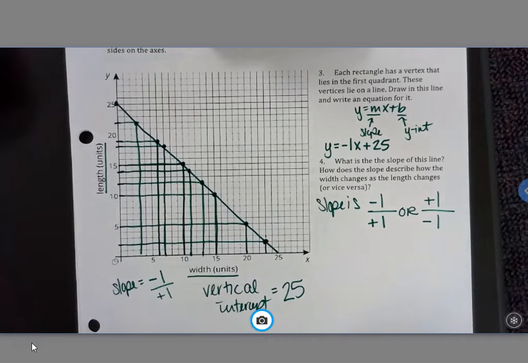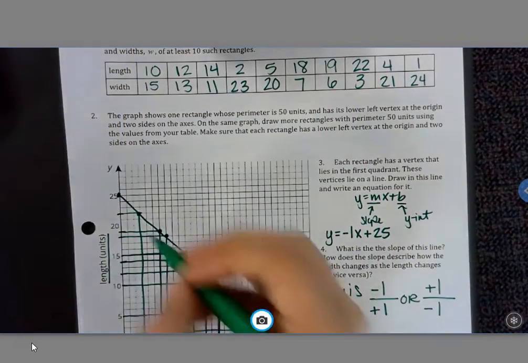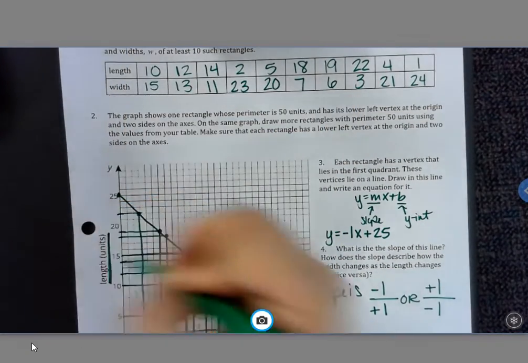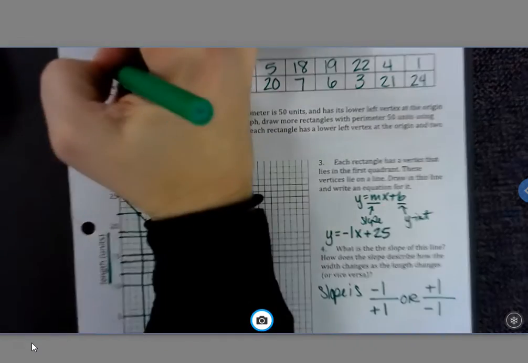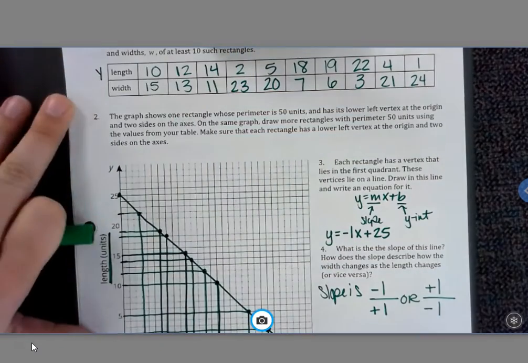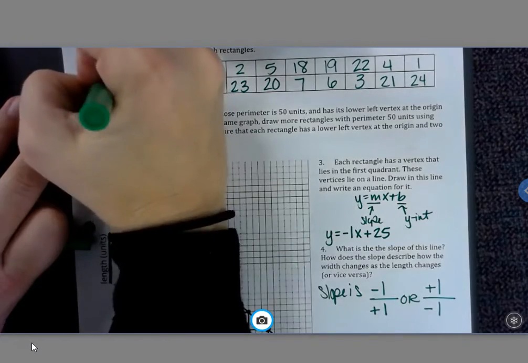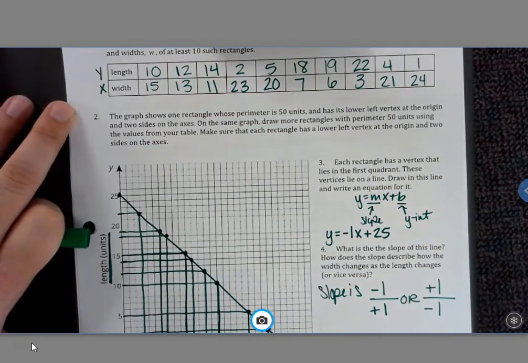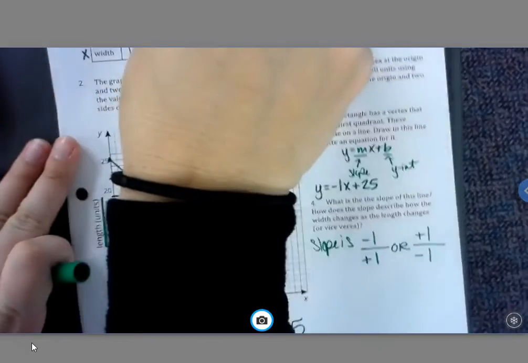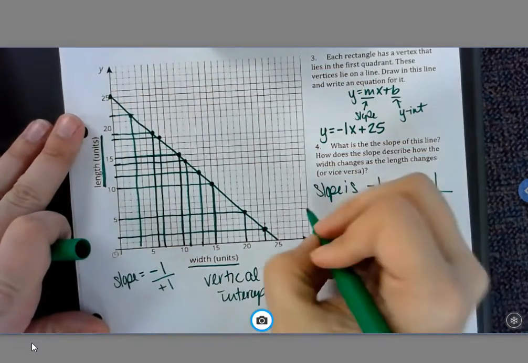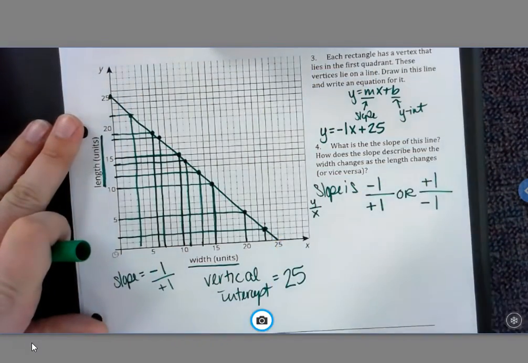It says, how does the slope describe how the width changes as the length changes, and vice versa? Well, in our table, the length is representing the y values. The width is representing the x values because it's on the x-axis. When we write slope, remember we write it as y over x, right?